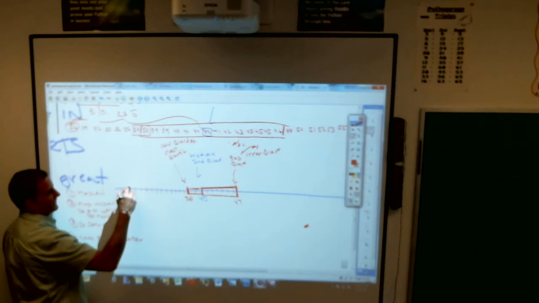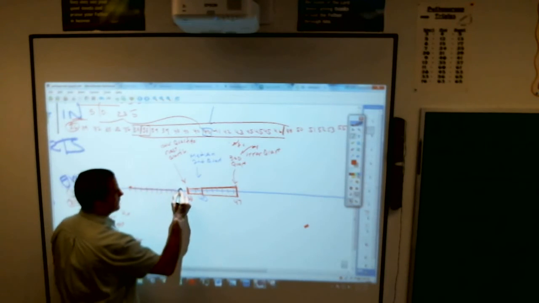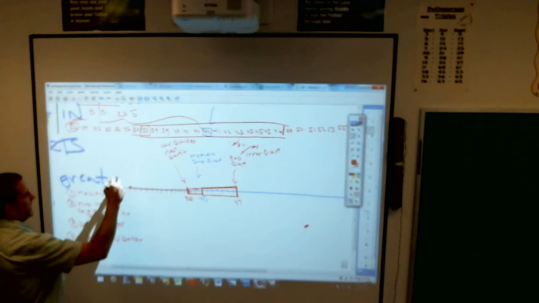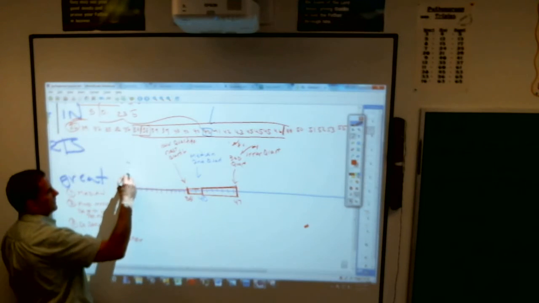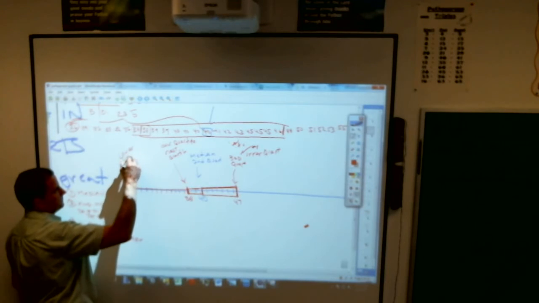You put a dot there, and you draw a nice little line over there, and that is where we get our lower whisker. This little dot right here at 26 is called the lower extreme.